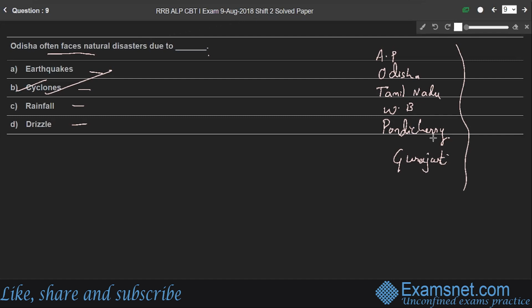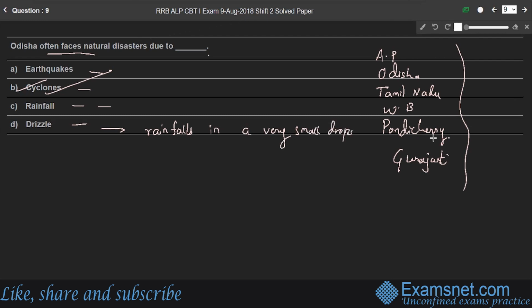So Odisha faces cyclones. Here, students, the remaining options are earthquakes, rainfall, and drizzle. What is drizzle? Rainfall, when rain falls in a very small drop, is called drizzle.